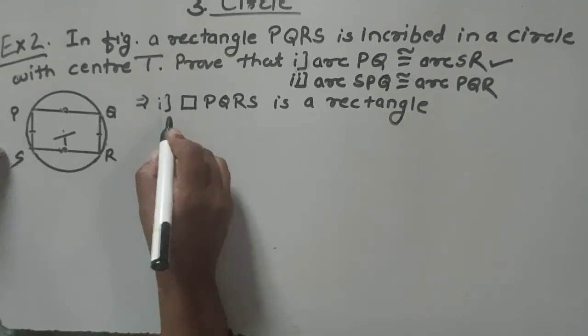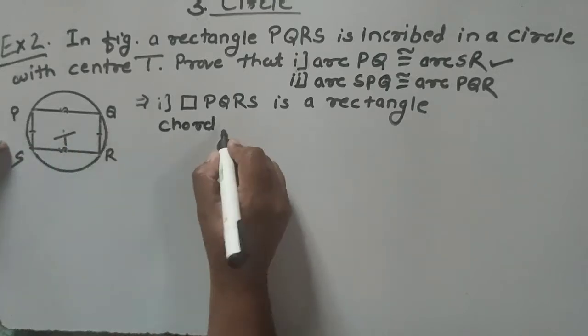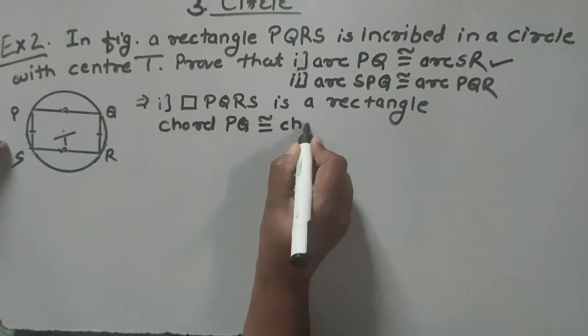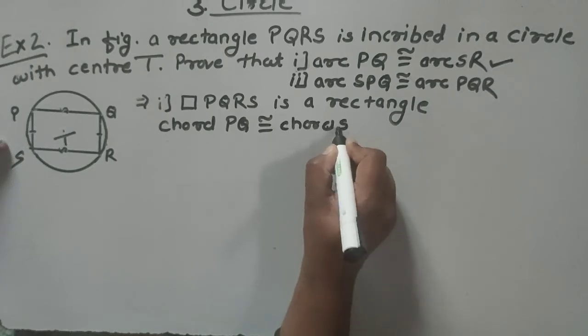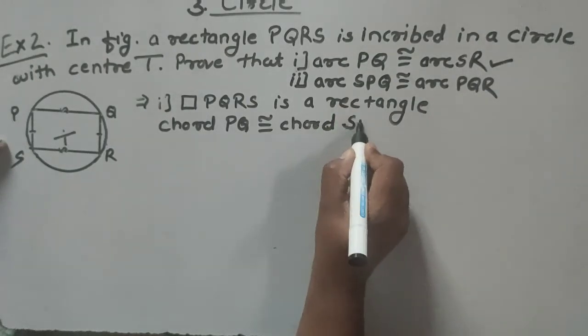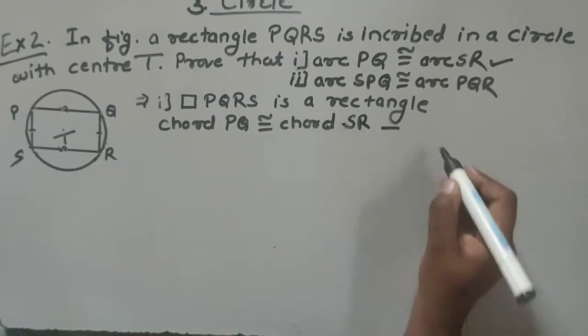So instead of writing side, I will write chord PQ is congruent to chord SR, and the reason is opposite sides of a rectangle.